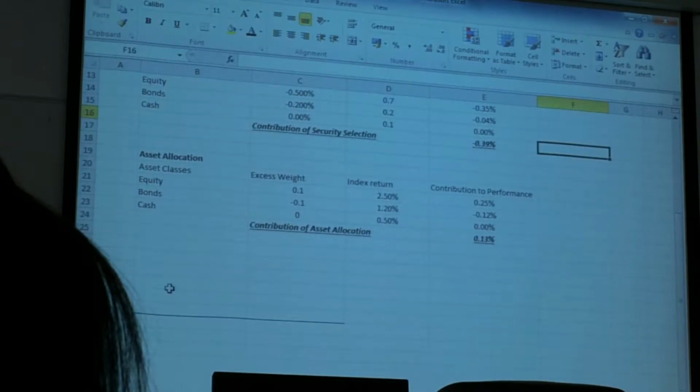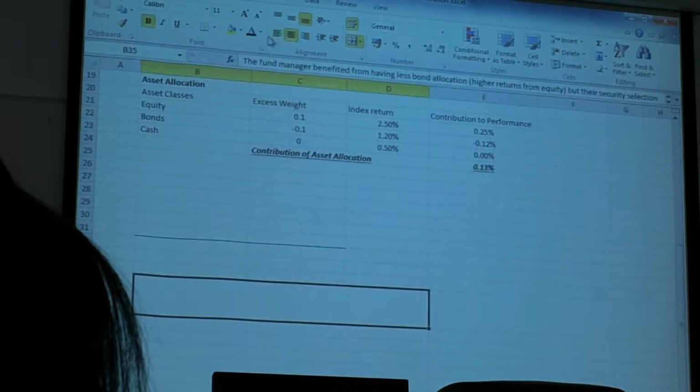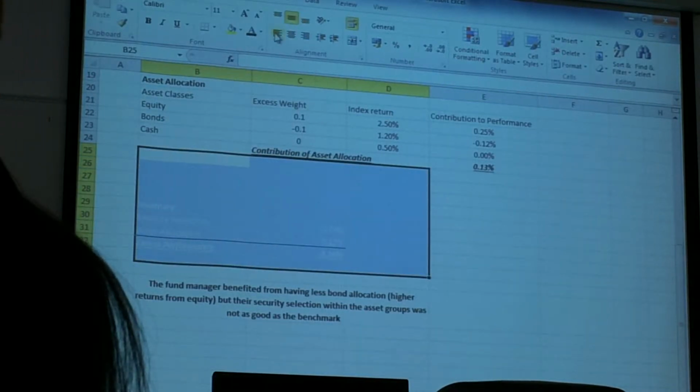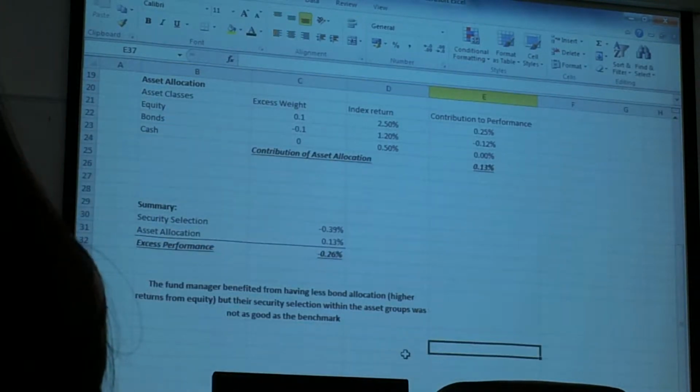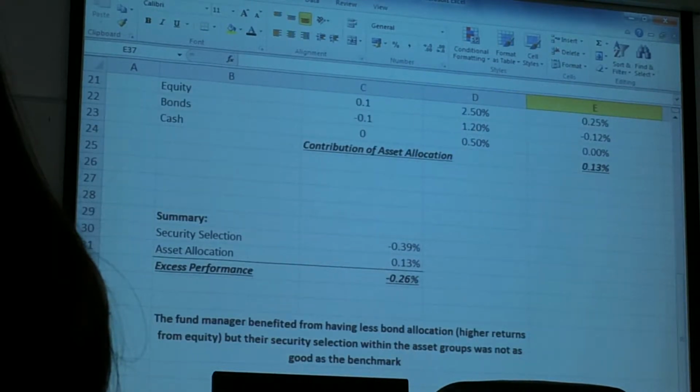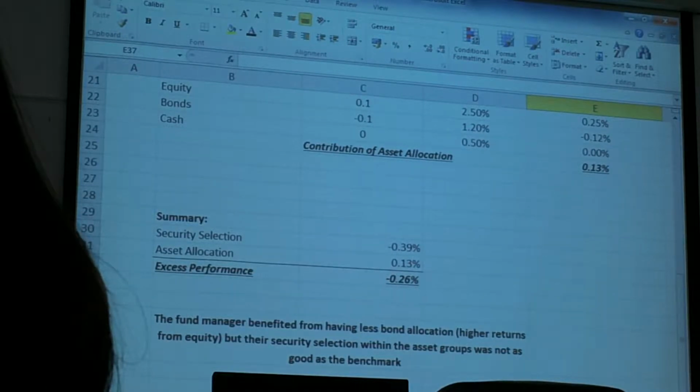And a nice surmising sentence, well, you can total them up if you want. The surmising sentence there is the fund manager did benefit from having less bonds because the equities performed better than bonds. Ultimately, the selection wasn't very good.